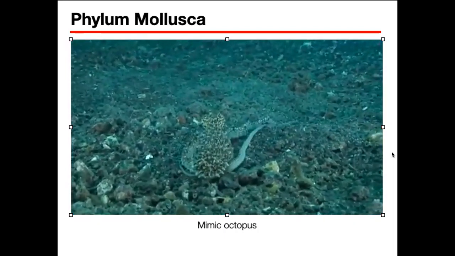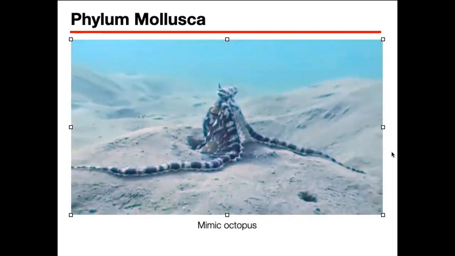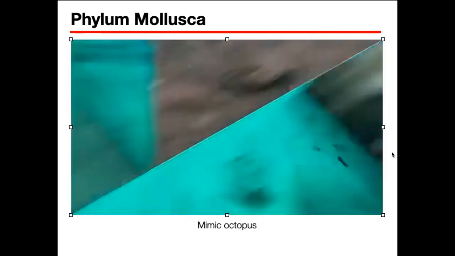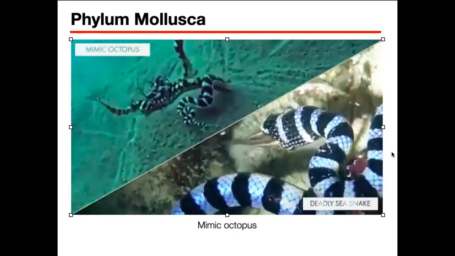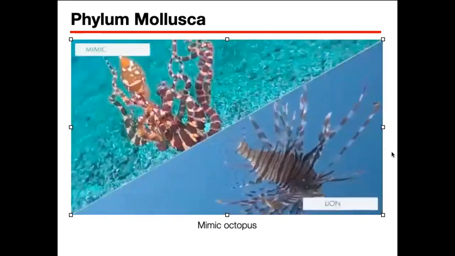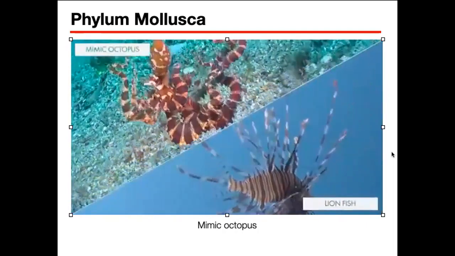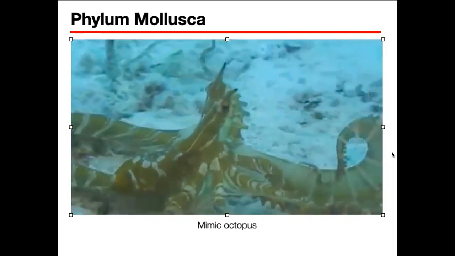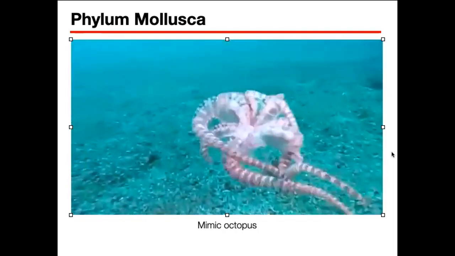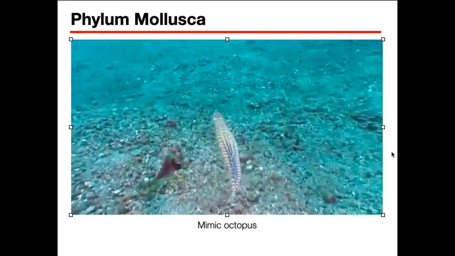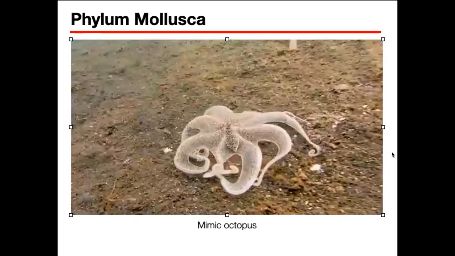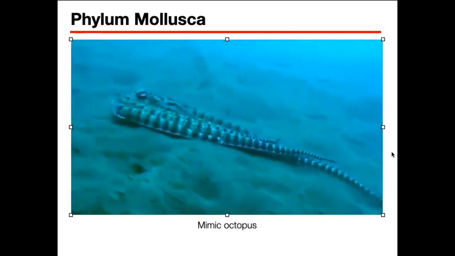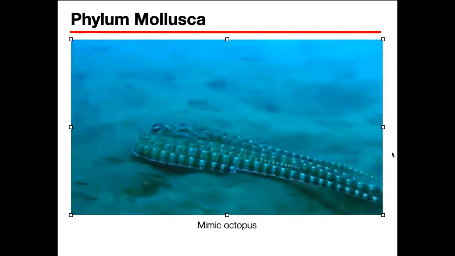It's reputed to be able to impersonate 15 other kinds of sea creature, the most notable being the poisonous flatfish, deadly sea snakes, and the highly venomous lionfish. It's thought that even though these impersonations aren't flawless, they can give the crafty octopus enough time to escape before the predator realizes it's been duped. The mimic octopus was discovered relatively recently in 1998, possibly because up until then, it had done such a good job of disguising itself.